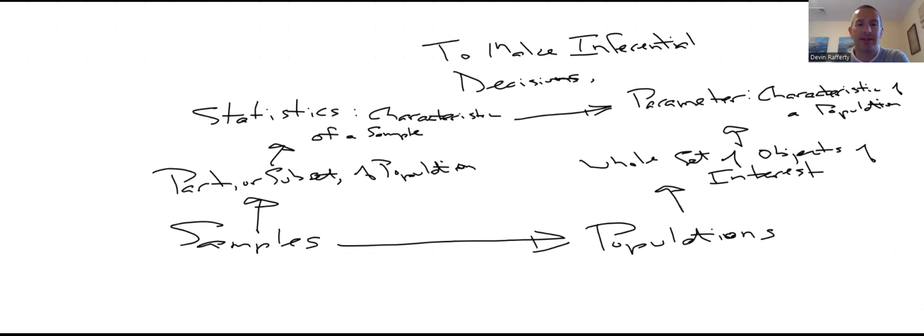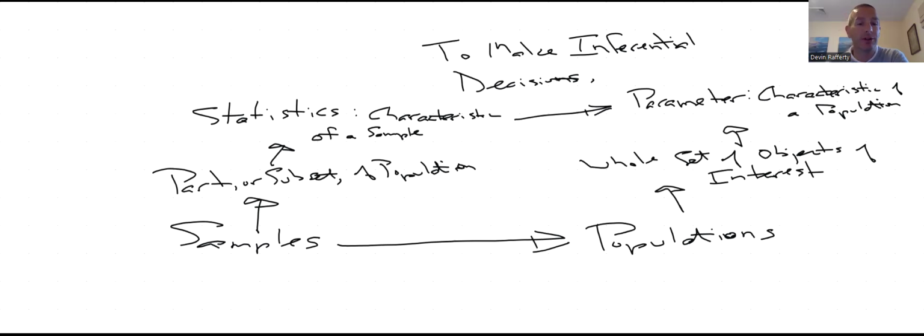Instead, in quantitative analysis, in order to make inferential decisions, what we do is we calculate statistics. Instead of looking at literally every single car on the New Jersey Turnpike between the Delaware Memorial Bridge and the George Washington Bridge, which we can't do, we take a sample. Maybe we look at every car between exit 9 and exit 11.